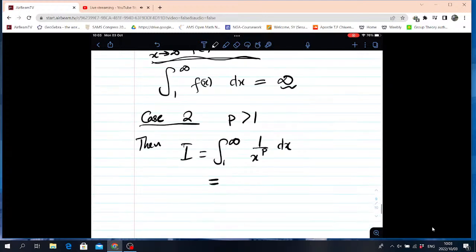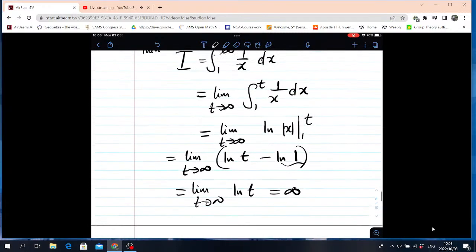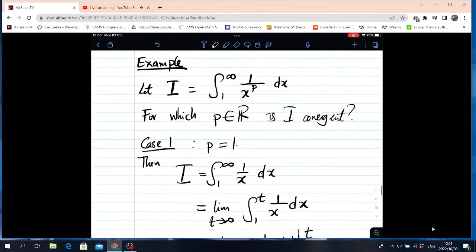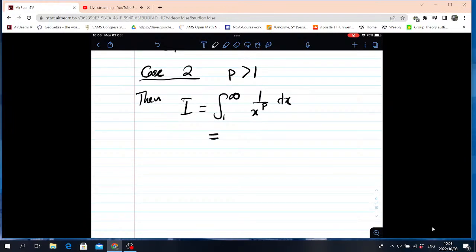There's a question, let me just see. So for this type of question, is the best method to solve it by trial and error? Not quite. We are going to actually have a test which we call the p-test for this type of questions. I'm just showing you why it's true, but you can just quote the statement which tells you about the p-test. I hope that clears that part.